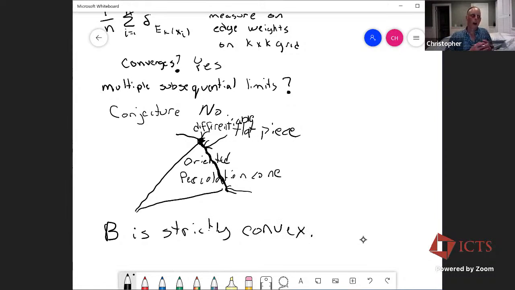So I want to prove some statement about geodesics, in particular that the empirical limit along one of these geodesics converges, and then use that to say that the limit shape is strictly convex.